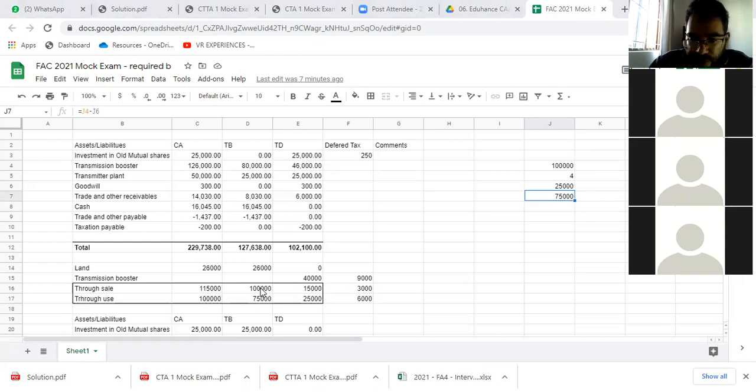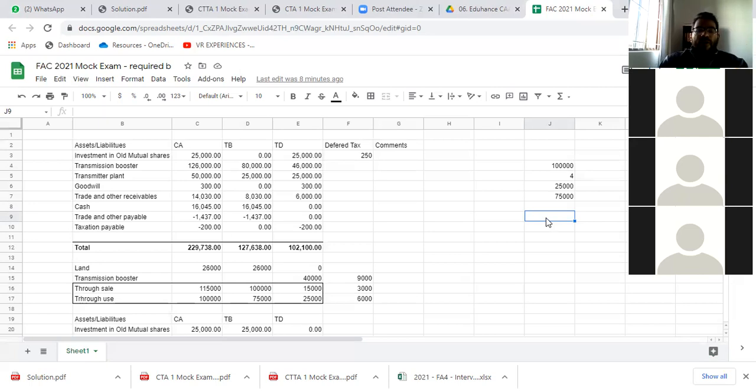Oh, you just make it the cost price. We use the cost price. We didn't adjust for capital allowances for that year. No, because for through sale, in South Africa, and I'm assuming in Zimbabwe as well, when they work out a through sale, let's really try to think quickly.